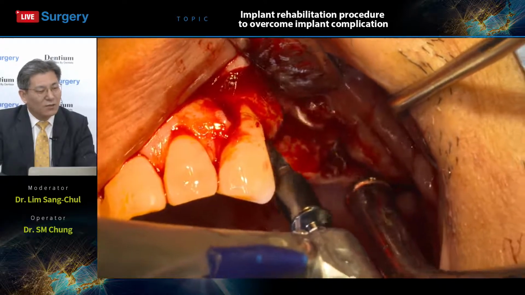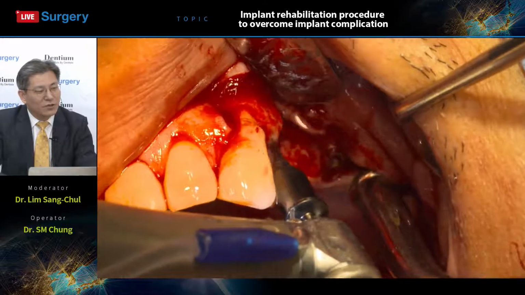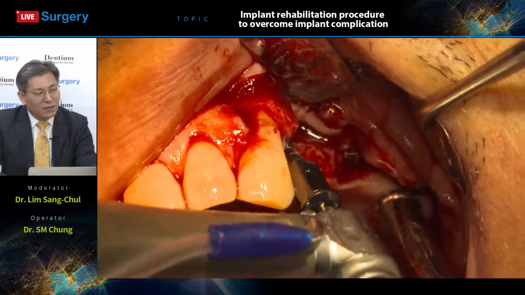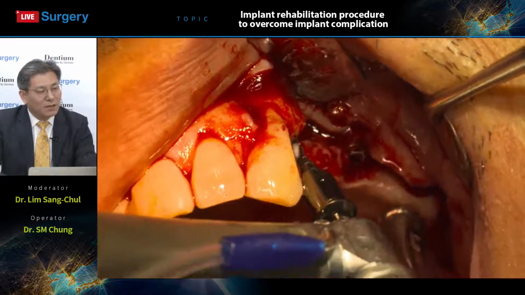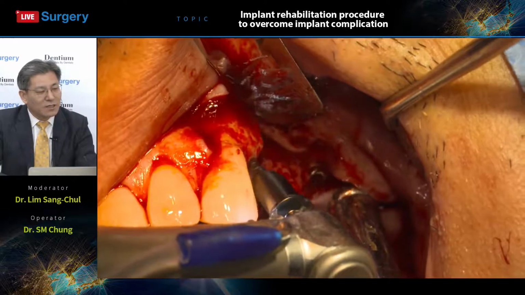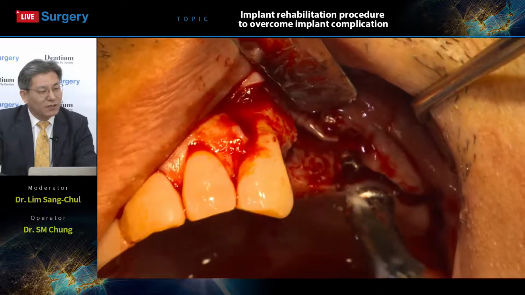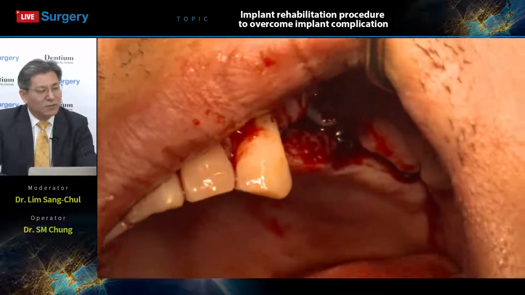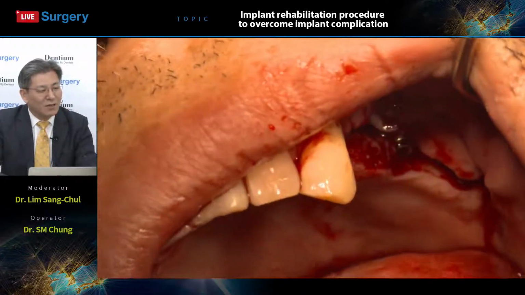The bone volume is not sufficient. So he makes the initial point freehand. Using this first drill, make a point first.